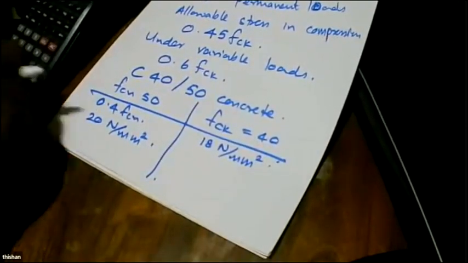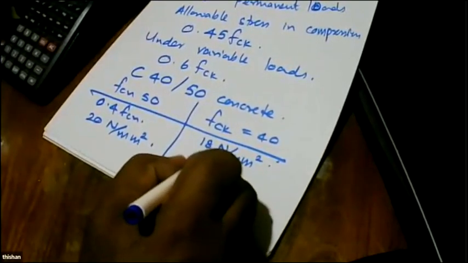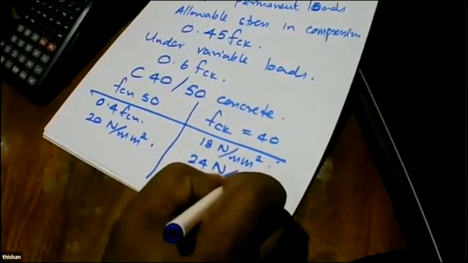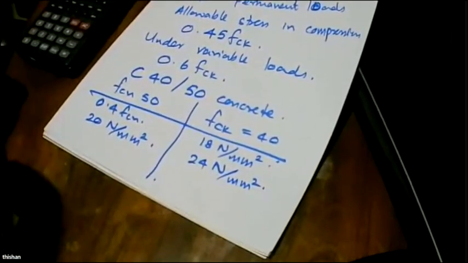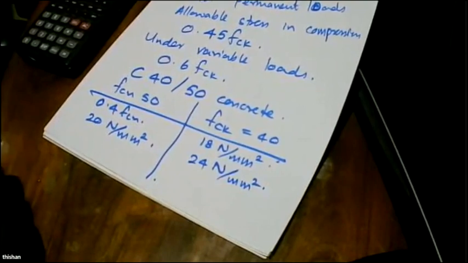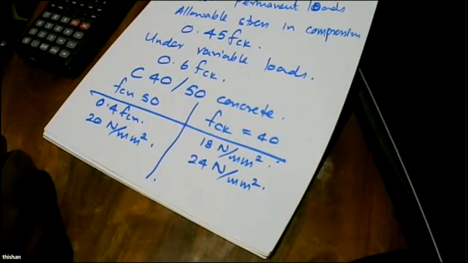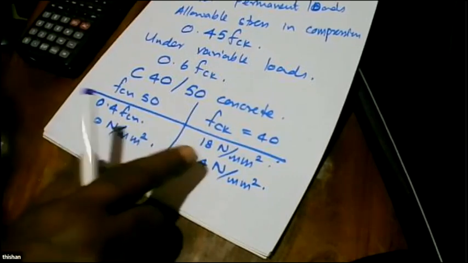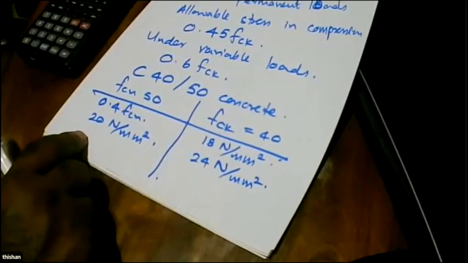But 40 into 0.6 gives 24 megapascal. So you can see Euro code allow me to go for a higher compressive strength when subjected to variable. But under the permanent loads, it's less than what is allowed in the British code.